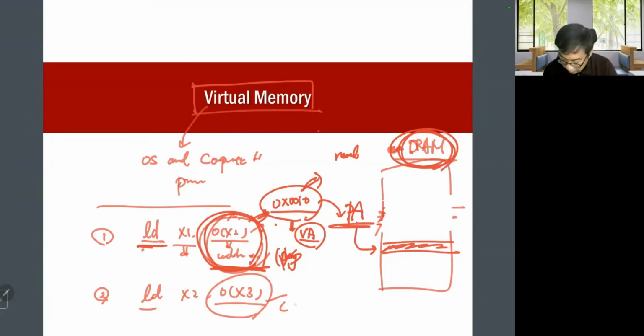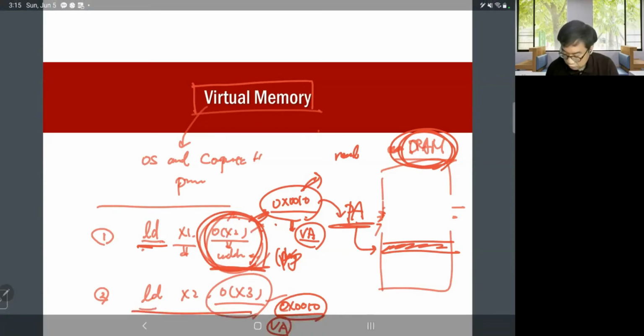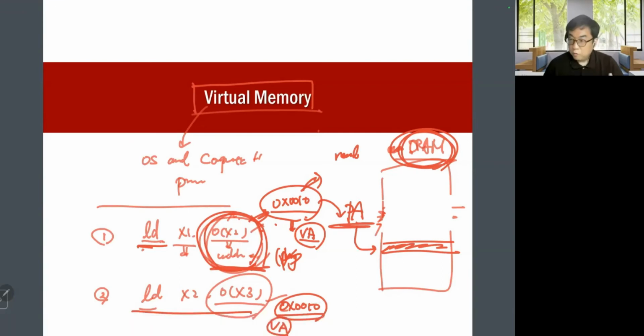Also, if this is a load instruction from a different application, let us assume that the virtual address is the same, like 0x0010. But we already know these are different applications, so the data are different. Even though the virtual address is the same, the data are different.